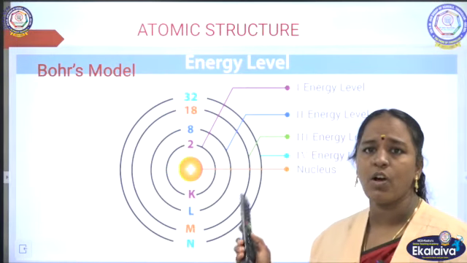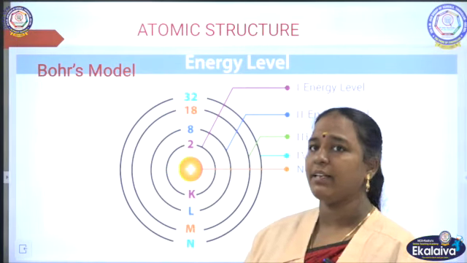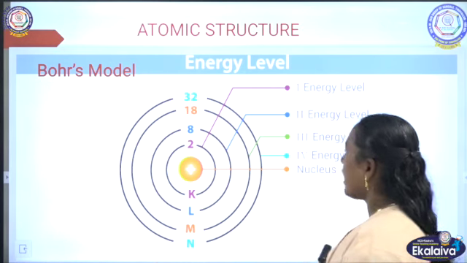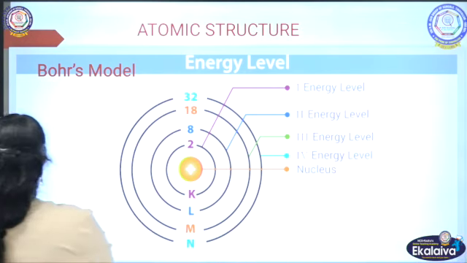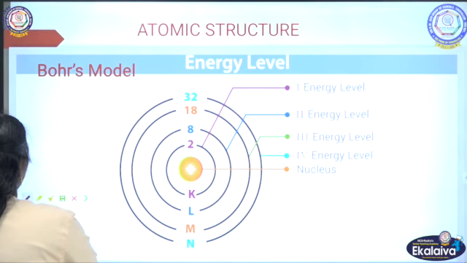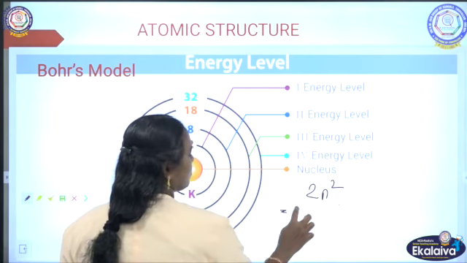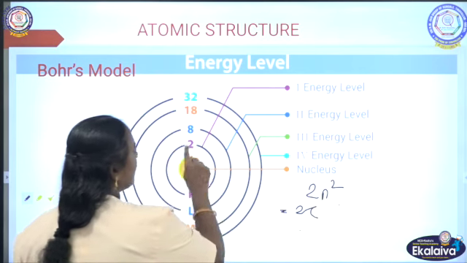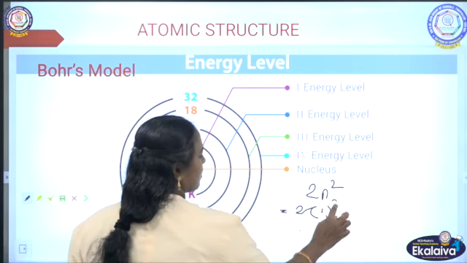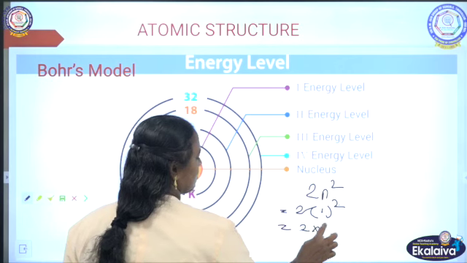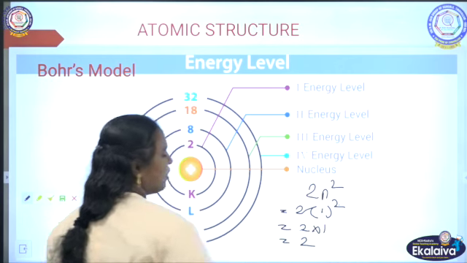How do the electrons occupy the K, L, M, N shells? We have a formula here: 2n square, where n is the shell number, n equal to 1 for the first shell.